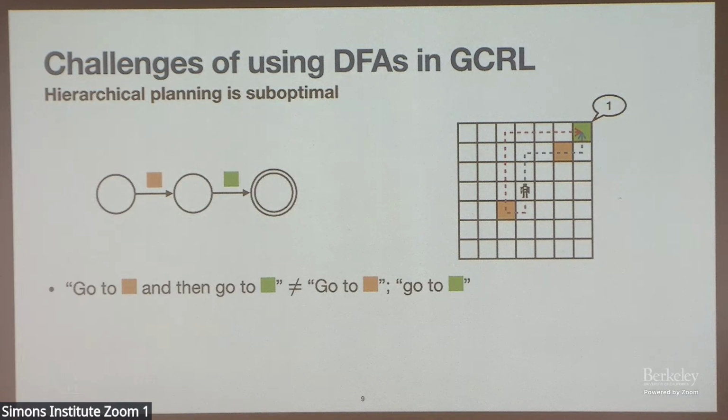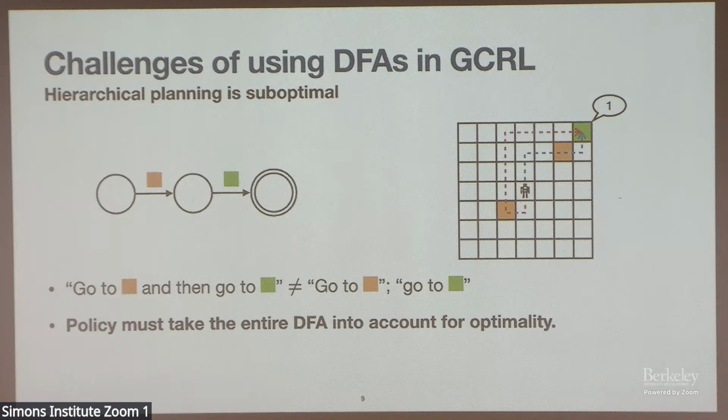Saying go to orange and then go to green is not the same thing as saying go to orange, full stop, wait until the agent goes to the orange, and then say go to green. Here you see an example where, if you give the second one, the agent first goes to the closest orange one because it doesn't know that it's supposed to go to a green square afterwards. So this kind of hierarchical planning doesn't give us the optimal behavior we want.